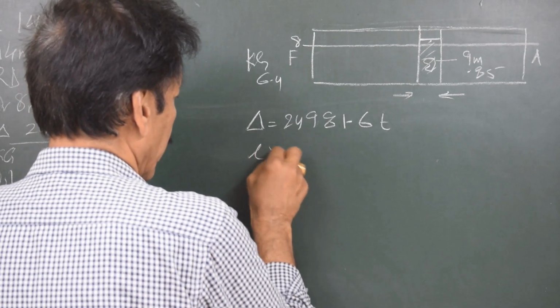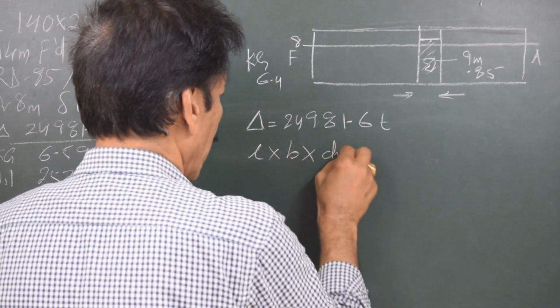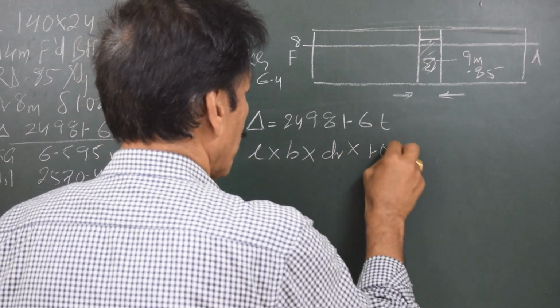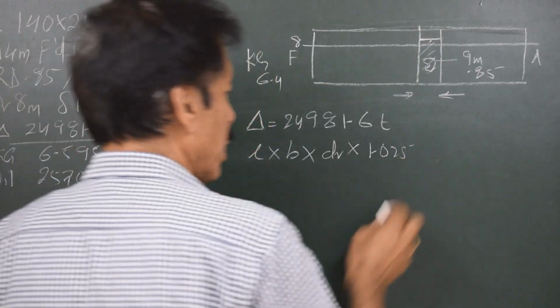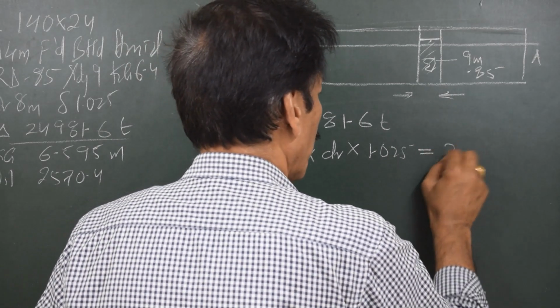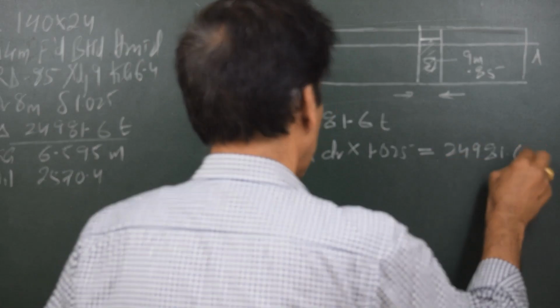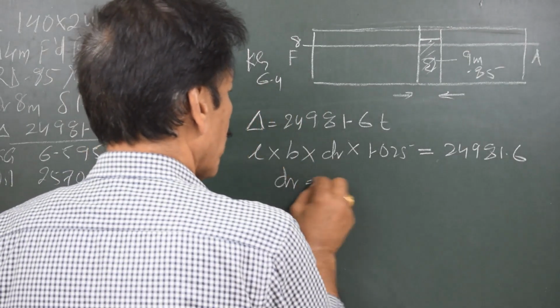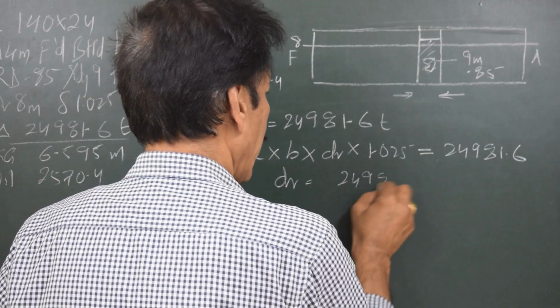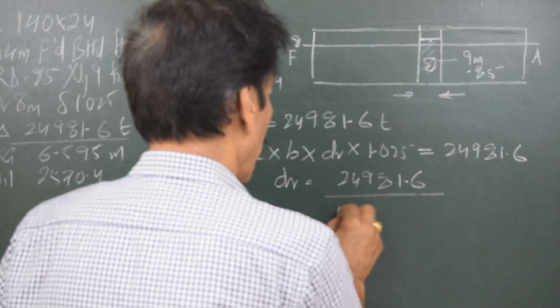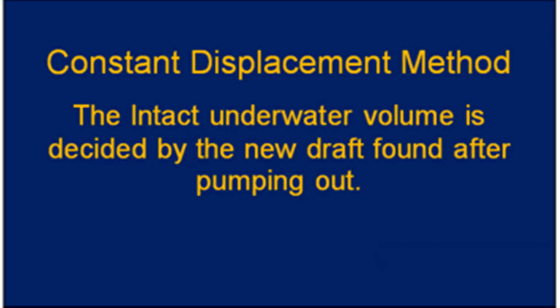Now length into breadth into new draft into 1.025, that is the density of medium outside, should be equal to 24981.6. So the new draft is going to be 24981.6 divided by 1.025 into 140 into 24, which is 7.254. So 7.254 is going to be the mean draft after the oil is pumped out.